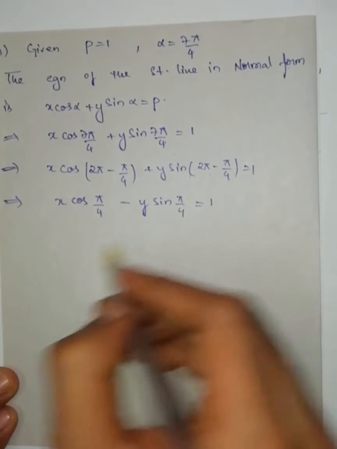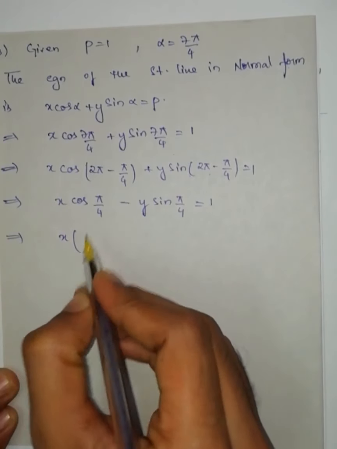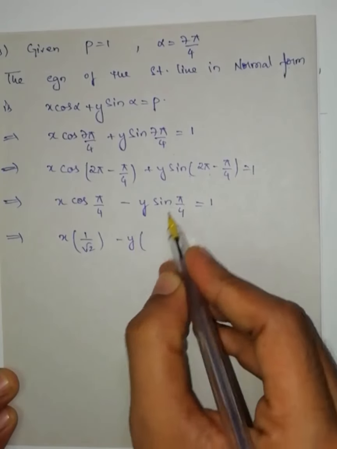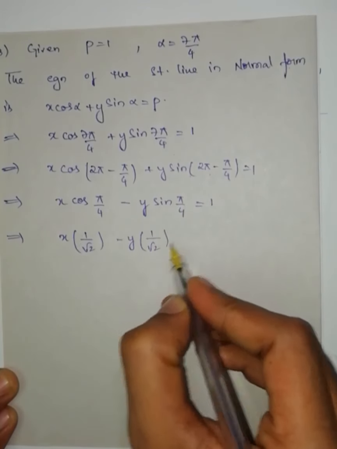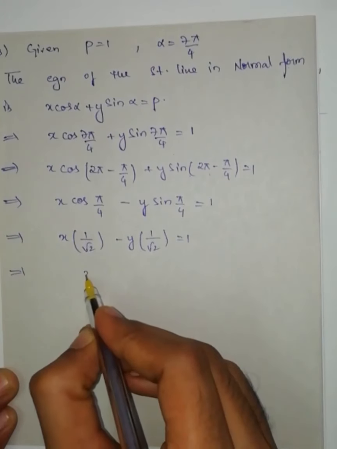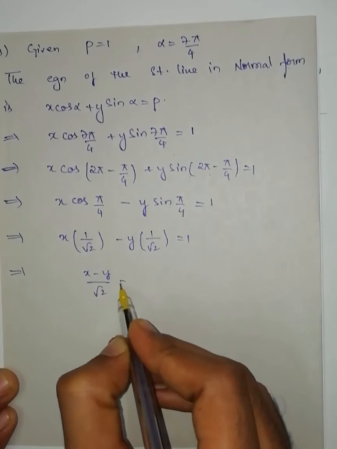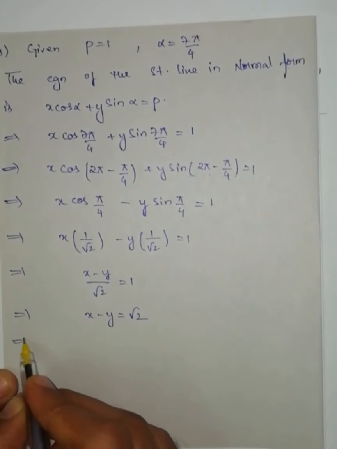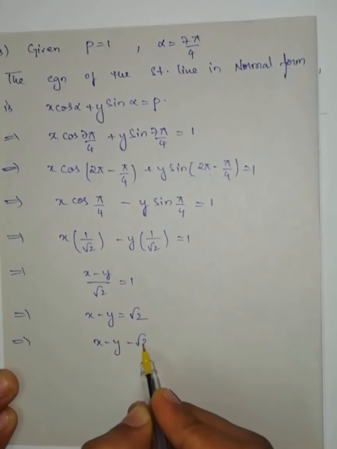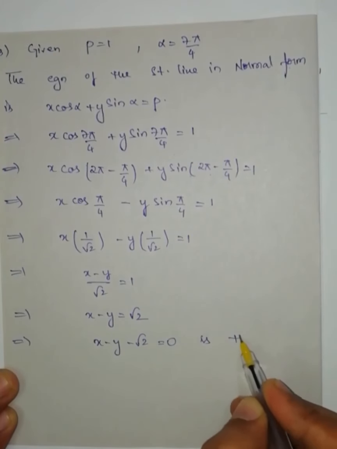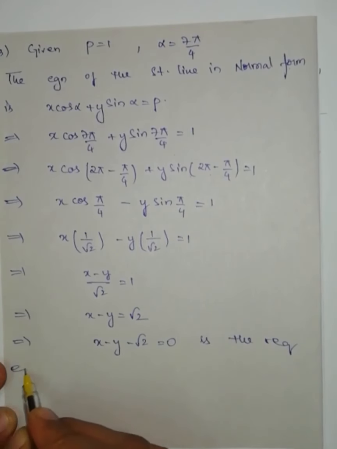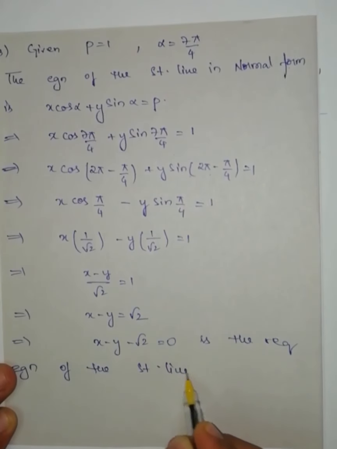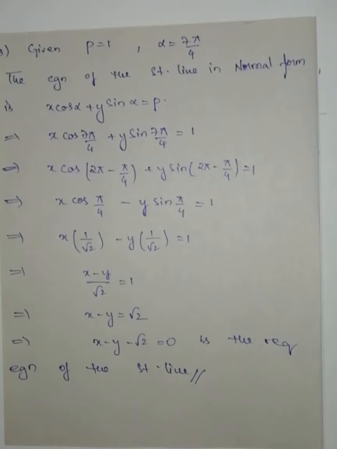This implies x times cos pi by 4, whose value is 1 by root 2, minus y times sin pi by 4, whose value is 1 by root 2, is equal to 1. We will get x minus y by root 2 is equal to 1. x minus y is equal to root 2. x minus y minus root 2 is equal to 0 is the required equation of the straight line.